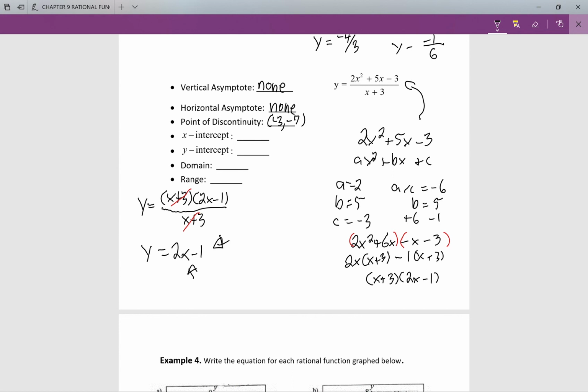It happens when x equals 1 over 2. My y-intercept, I make x equal to 0, and it's at y equals negative 1. From here, the only point that I'm missing is the point of discontinuity. As such, we're going to have x where x does not equal negative 3, and x is in the set of real numbers, and y where y does not equal negative 7, and y is in the set of real numbers.